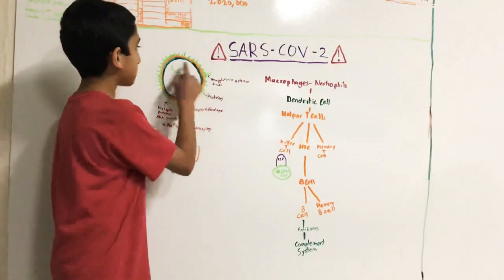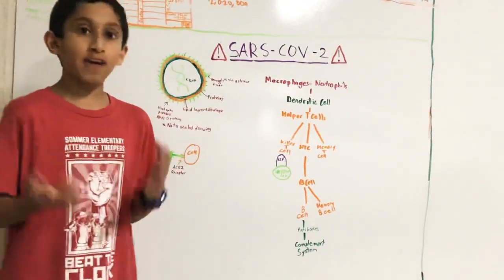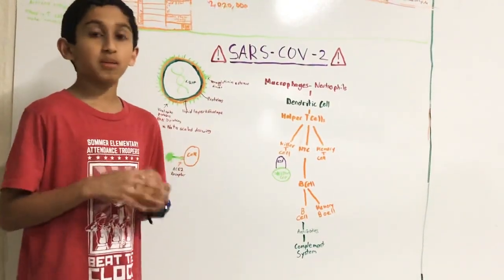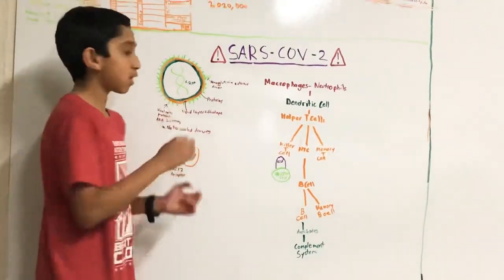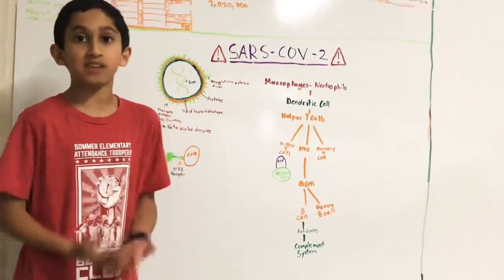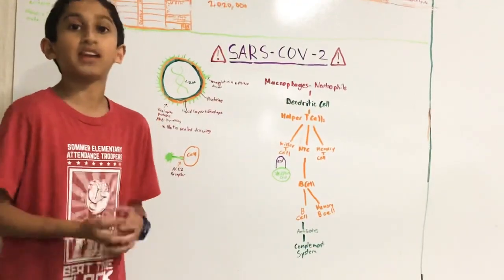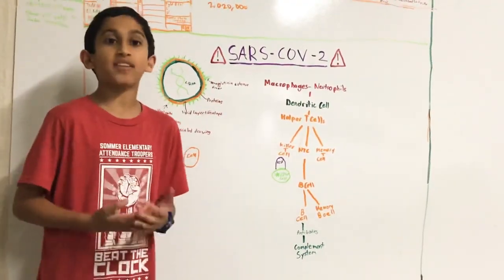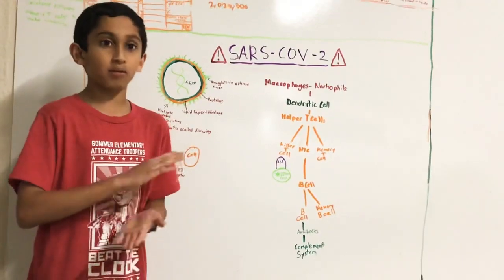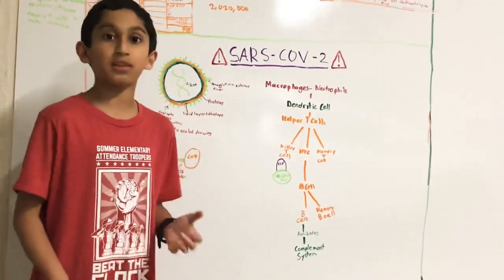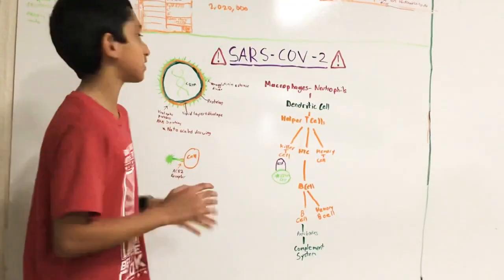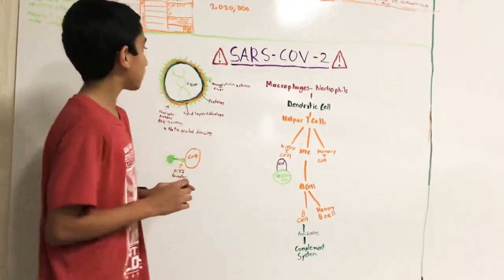It has lipids, which are basically fats, which in biology we call lipids. These lipids help keep the proteins and the genetic material inside the virus so that they won't unstick off of their surface. That's why we need to wash our hands, because soap molecules need to stick to those lipids.